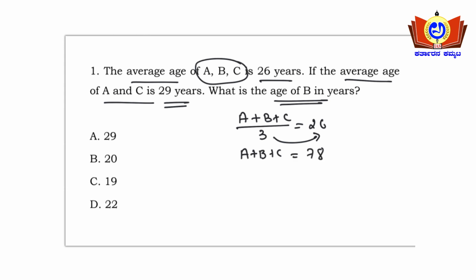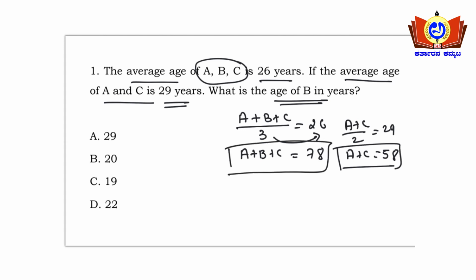Also in the question they have given, the average age of A and C is 29 years. So A plus C upon 2 is 29 years, so A plus C equals 29 into 2, that is 58. So here A plus B plus C is 78 and A plus C is 58.